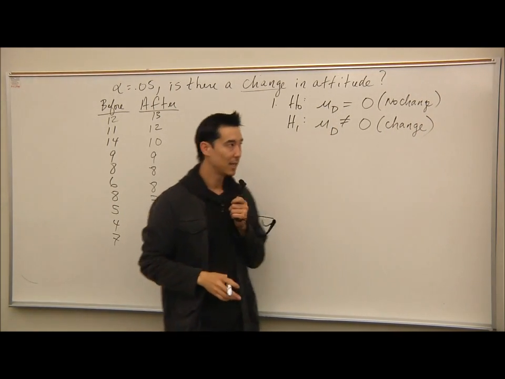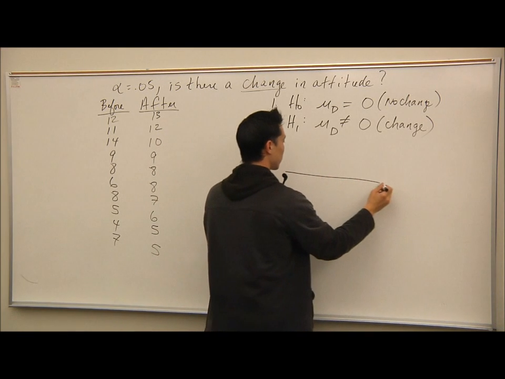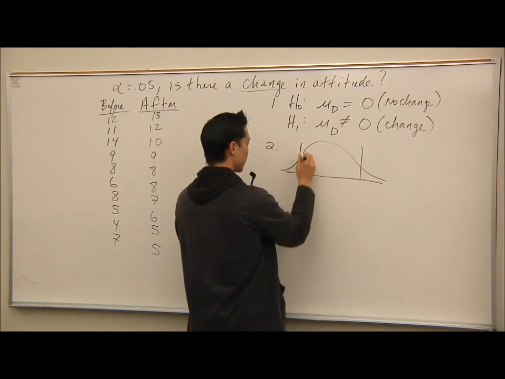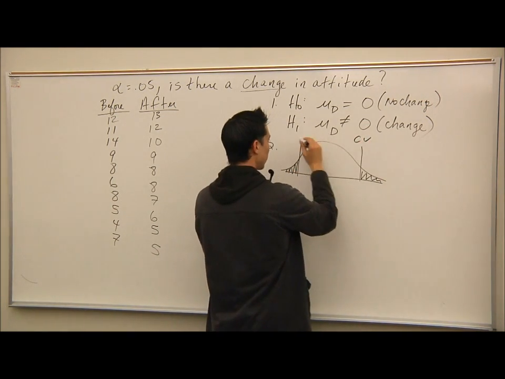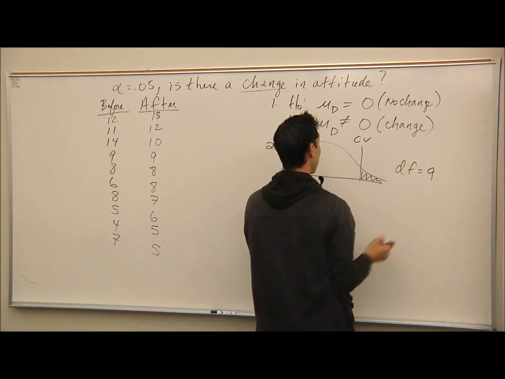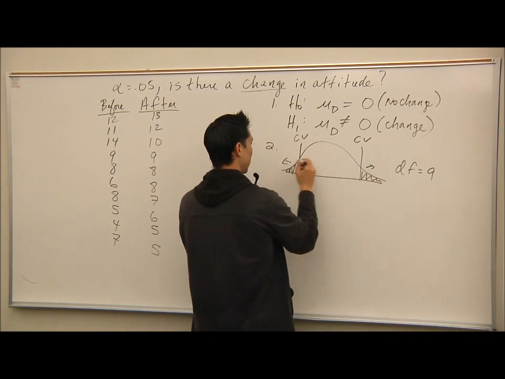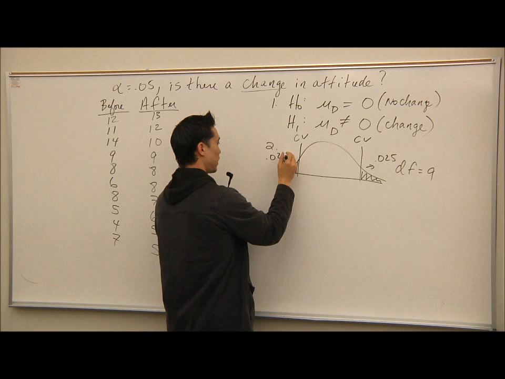Let's also do step 2 together. Let's make sure we both have the right critical values. And then I want you guys to try steps 3 through 5 by yourself. So we have two critical values here. The degrees of freedom is 9, just like the last problem. But alpha is 0.05 with 2 tails.